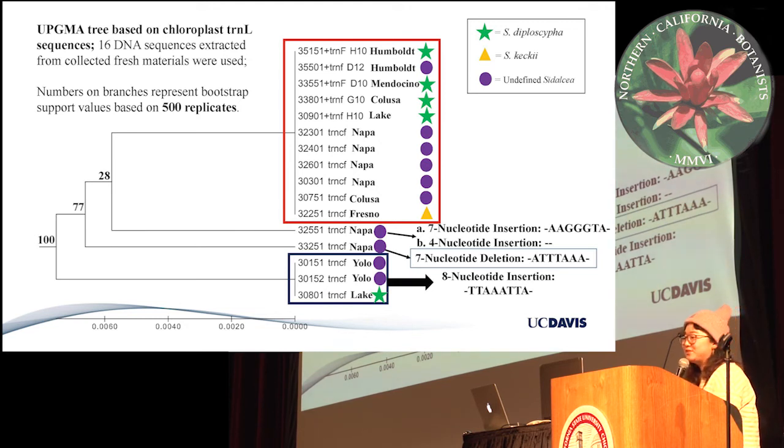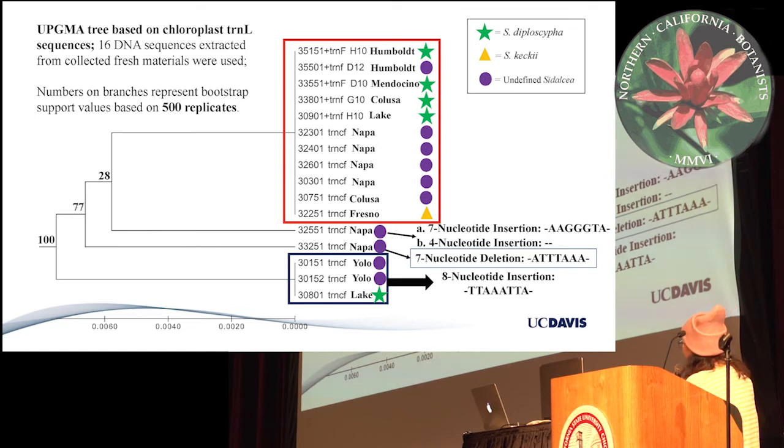This is a UPGMA tree that we built based on the chloroplast trnL sequences. I didn't use this tree to show any phylogenetic relationship because it doesn't really make sense, but I think it's a clear way to show you the interesting genetic variation that I found in the chloroplast sequence.